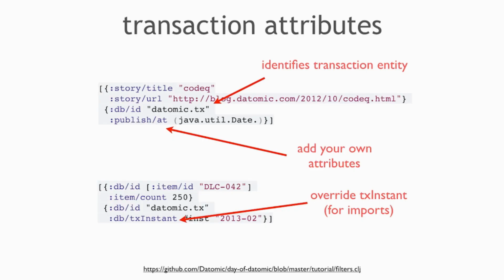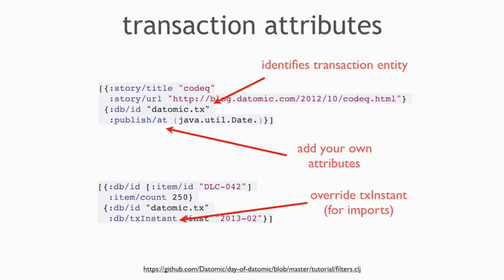So here are 2 examples of using the transaction entity. If you refer to a DB ID named datomic.tx, that name is special. So strings that begin with Datomic should not be used by you as IDs, as temp IDs. Datomic.tx says, make these attributes part of the transaction.